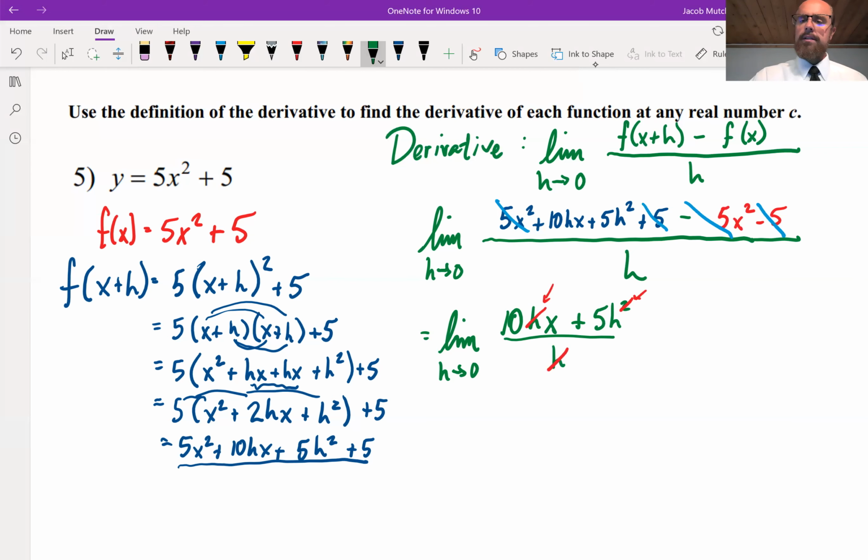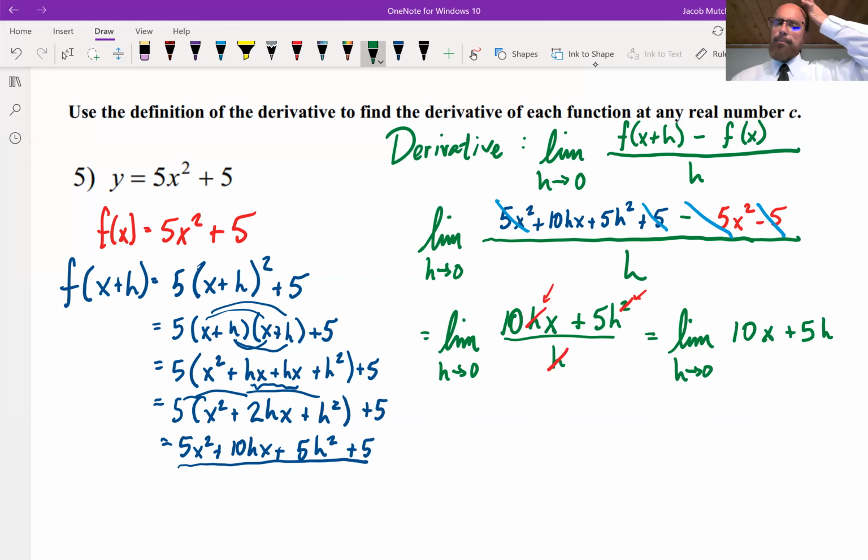And what we get as a final limit expression before we perform the direct substitution is the limit as h approaches 0 of 10x plus 5h. And at that point, we are ready to perform direct substitution. So now what we've got is 10x.